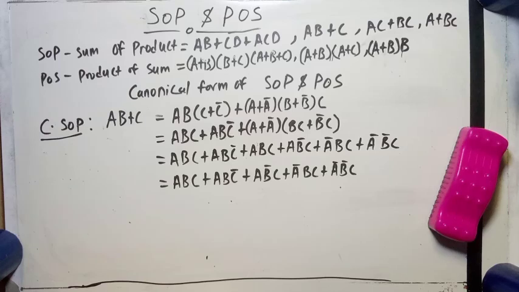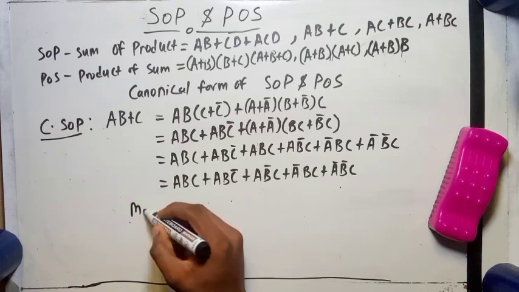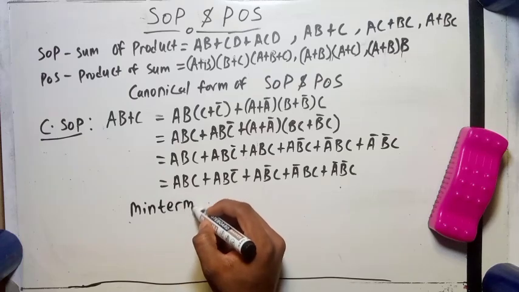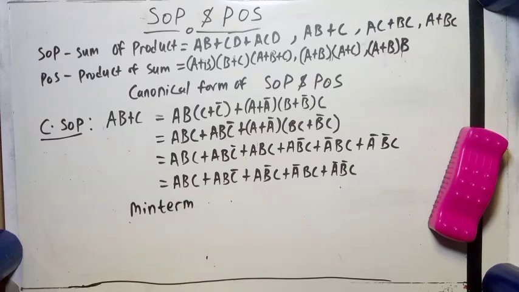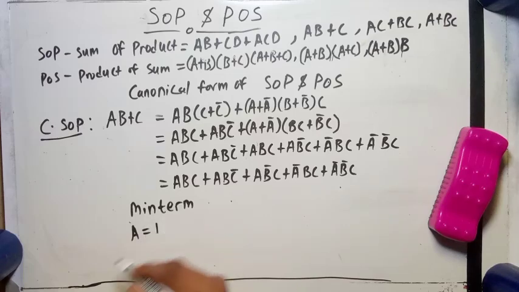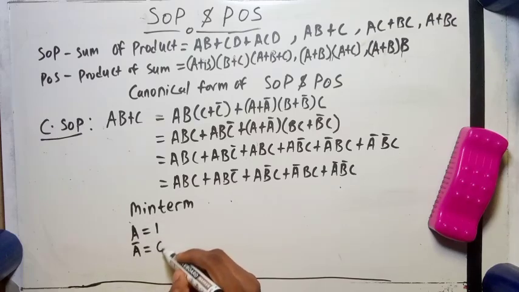Now, another thing they might ask you to find concerning this canonical form is what you call your minterm. Now, they ask you to get your what? Your minterm. The idea here is that any place you see an alphabet without bar, call it 1. Any place you see an alphabet with bar, call it 0.